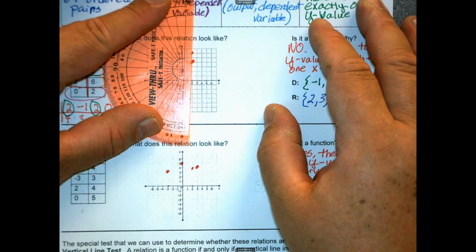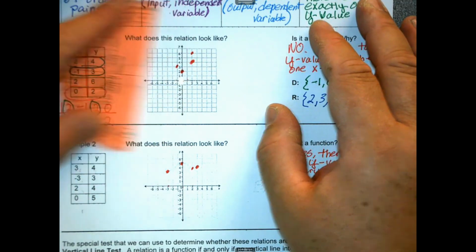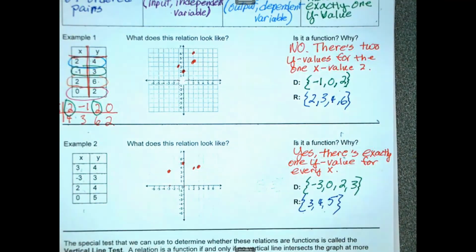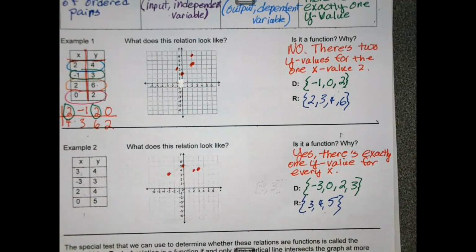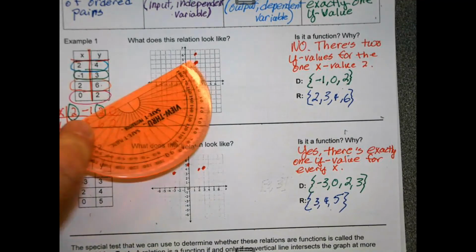Right? Everyone see that? That's called the vertical line test, VLT for short. This is going to be the easiest, but unfortunately, it only works when you have a graph.